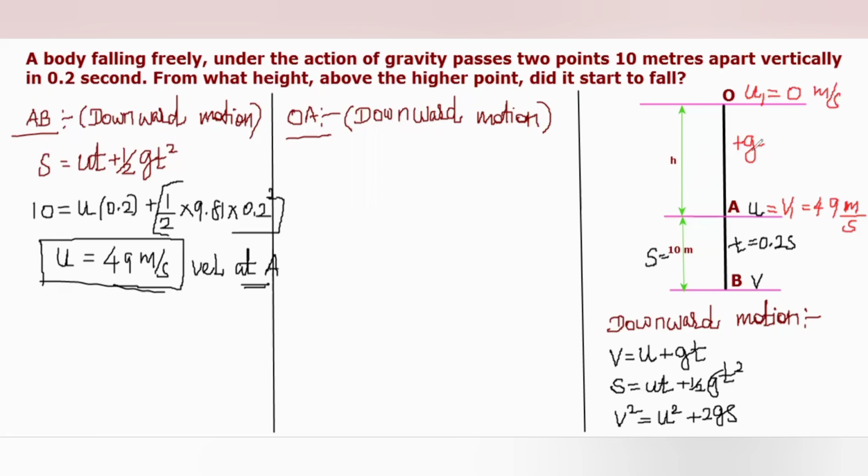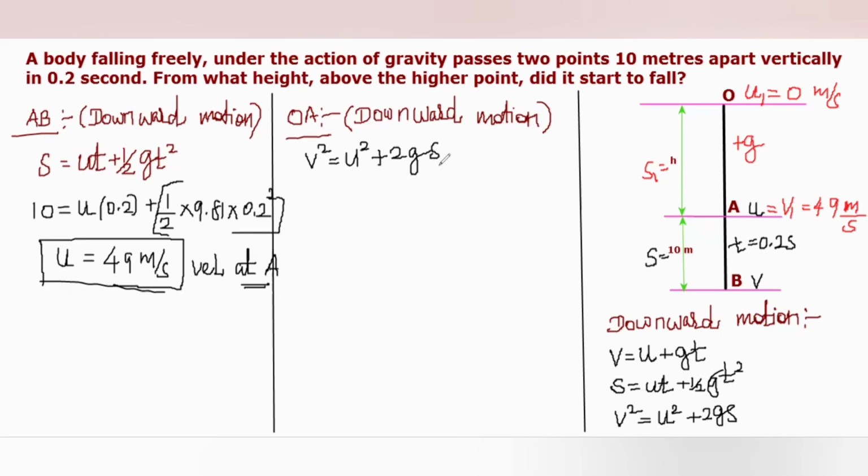We know the initial velocity and final velocity. As per the notation, this will be H or S1: U1, V1, S1, and the acceleration due to gravity. So it's better to use the third equation, V square equals U square plus 2GS.